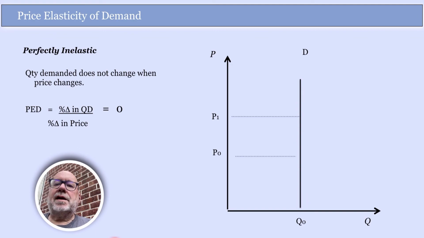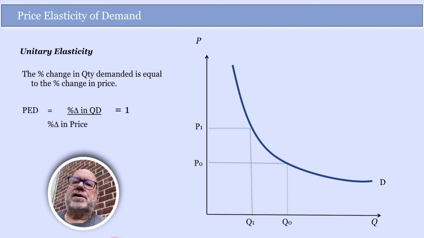Don't do it for inelastic. And unitary, special case, the percentage change in demand and the percentage change in price are equal, so you get a 1, and you have to draw it as a curve where the area under the curve, for a special technical mathematical reason, is a constant.